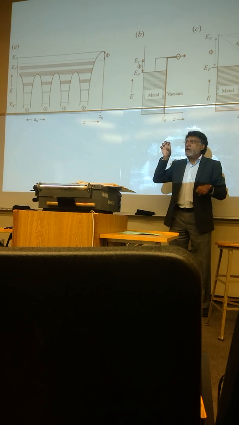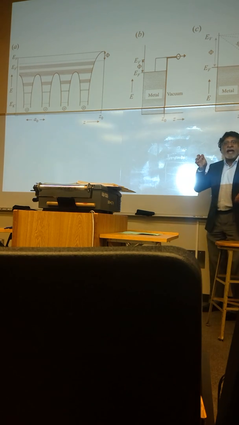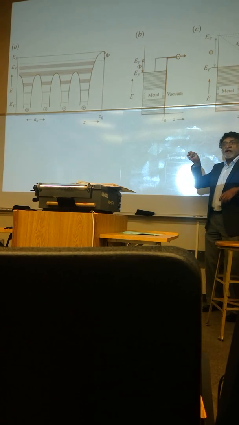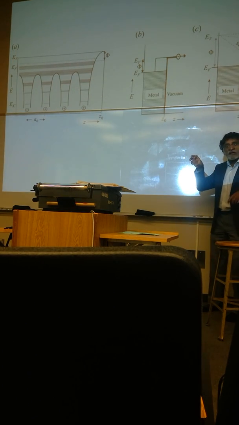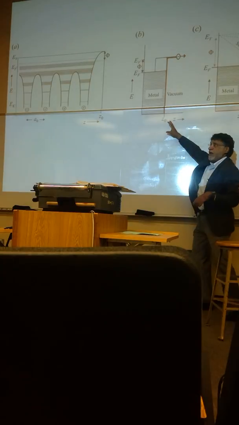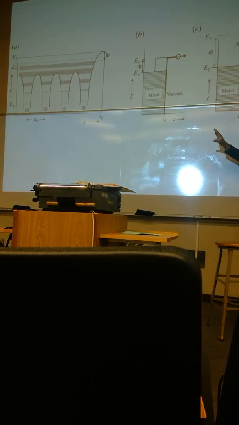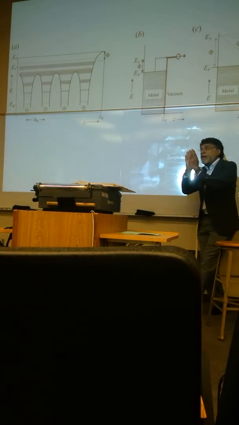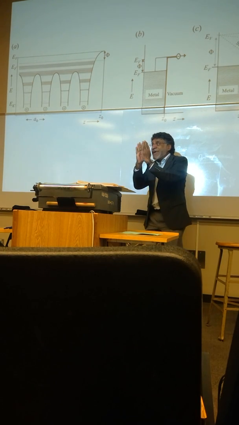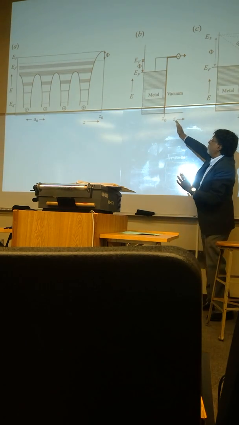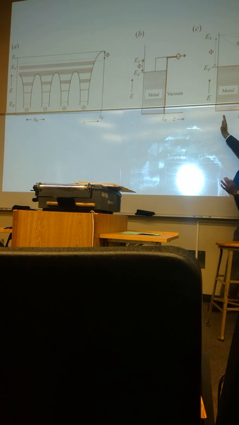So what would be, in your mind, the difference in the electrons that come out from this and from this? What would be the significant difference? Does anybody have a guess? The energy they come out with? That's right, the energy spread. The energy width of this would be larger than this.